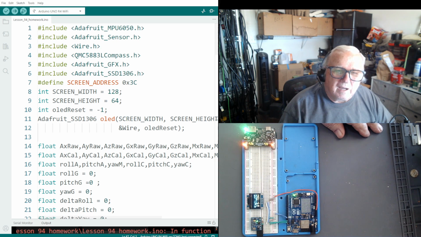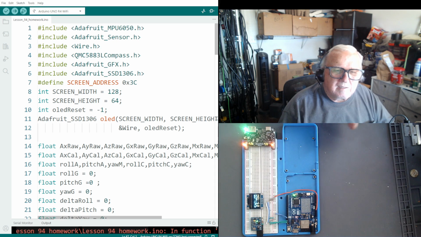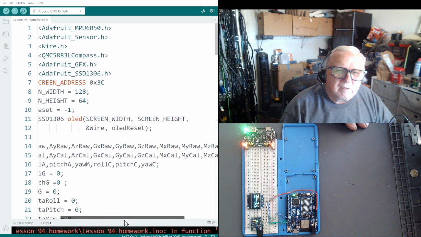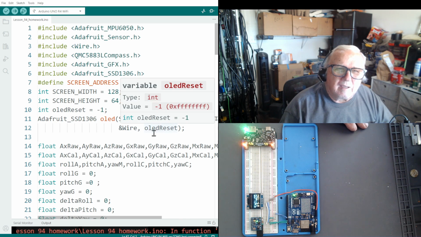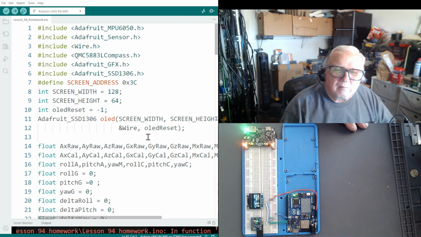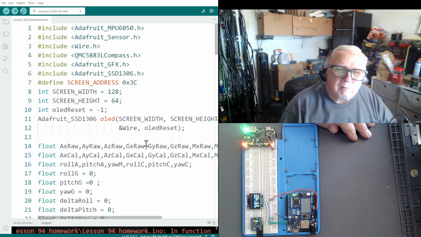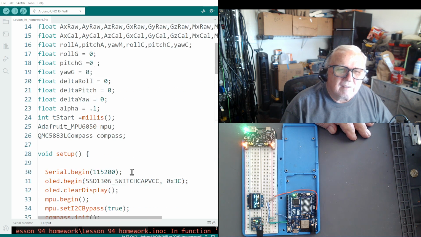Then here we've got the address. Adafruit SSD1306 is the library we're using, with the screen width, screen height, and Wire, which means we're using I2C, and the OLED reset, which is this -1. That's the only thing you have to do up there.